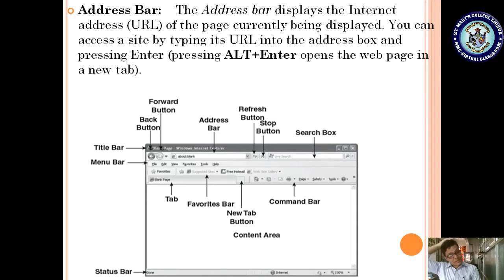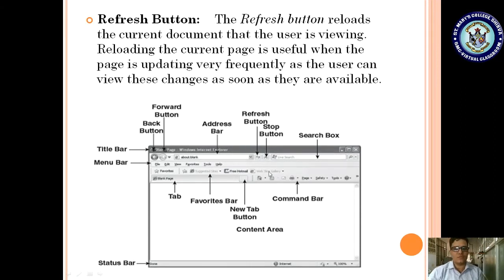If you want to access any site, you have to type the address of the web page in that box and press enter. Pressing Alt Enter opens the web page in a new tab. If you press Alt Enter, whatever web page you require will be opened in a new tab. Okay, here is the address bar you are seeing. In this address bar only we are typing the address of a web page we want to load in this content area.